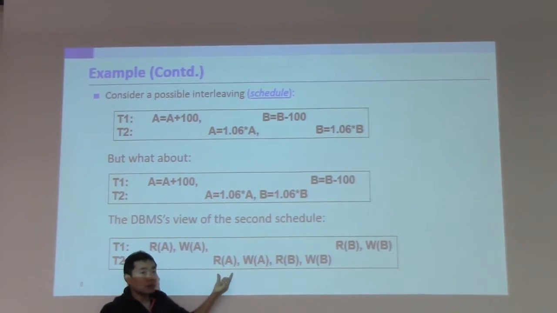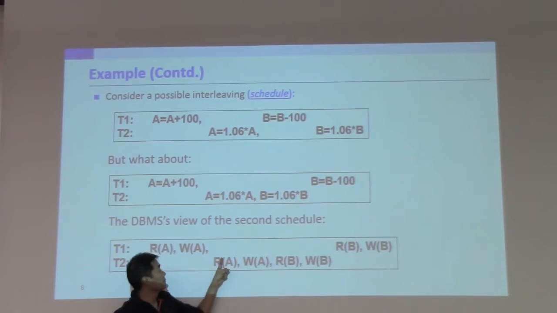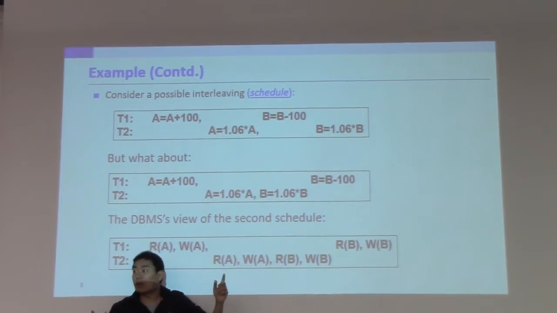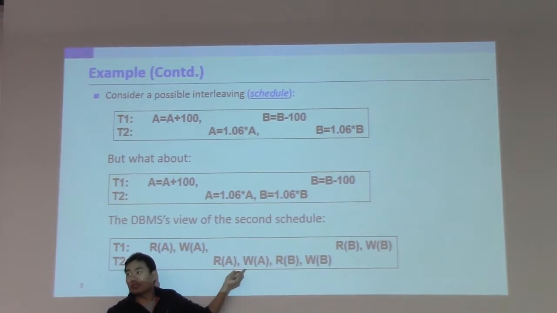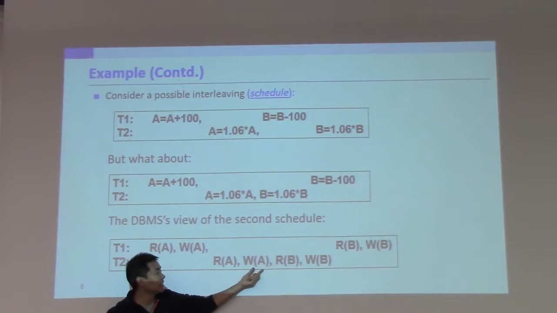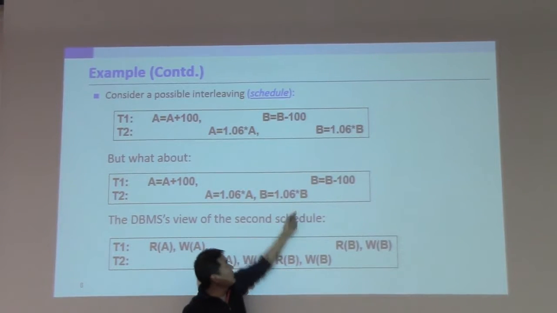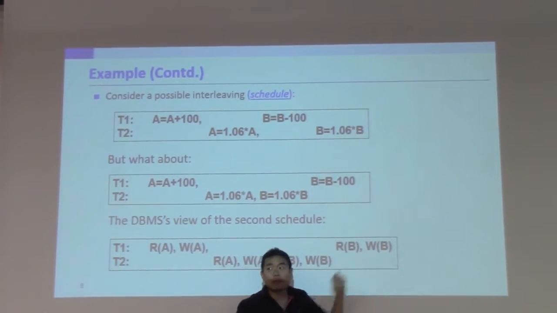Now, here what you ask me to do is read the value of A again. You do something about it. Here you give interest out. Well, it's actually 6% interest. For some reason I lowered the interest rate. Okay. So you write the value back. You read the value of B, you write the value of B back. Then finally you read the value of B again and write the value of B back.